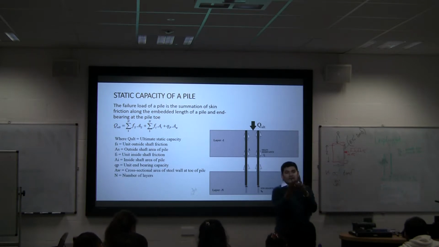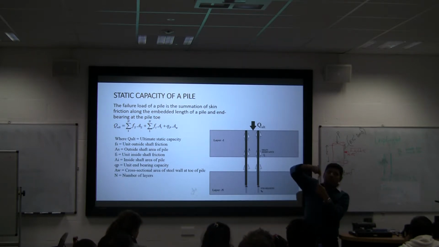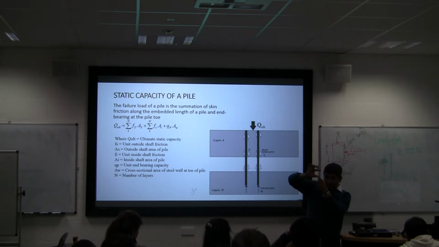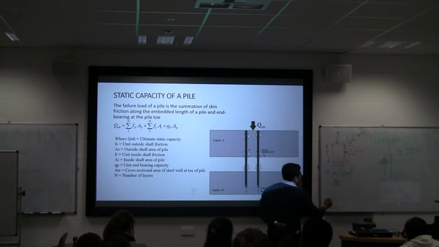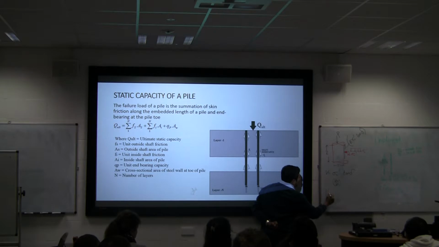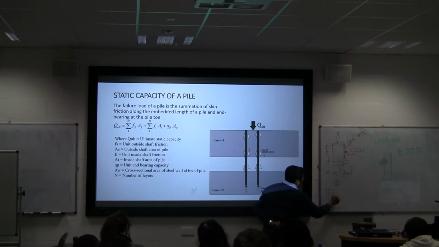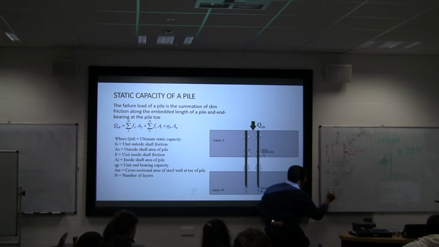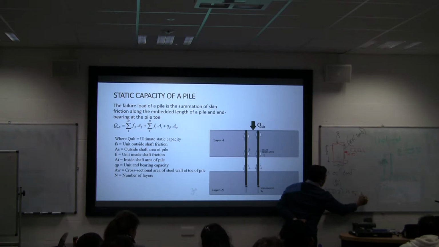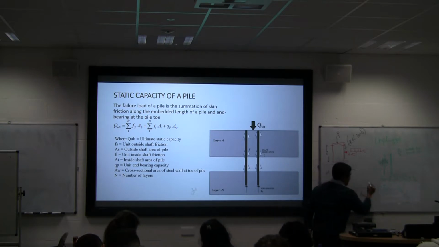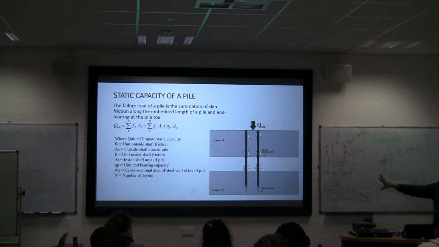The surface area is pi d, the circumference, times z. So the friction force will be pi times d times z times K sigma V dash tan of delta. Okay? So that's the whole theory.